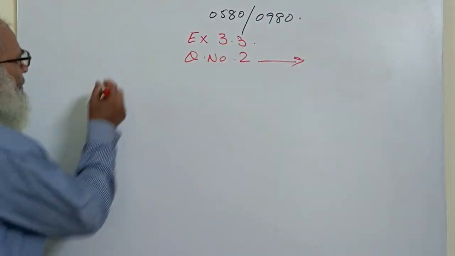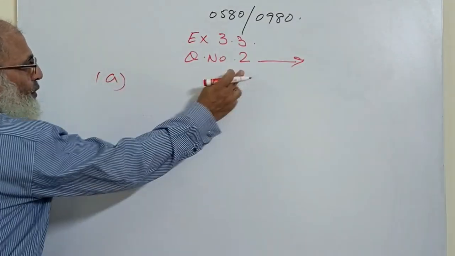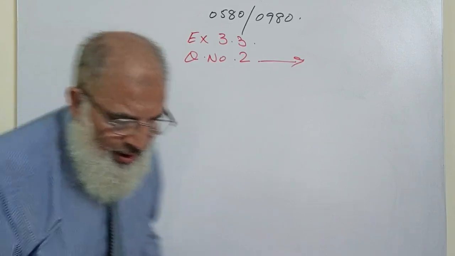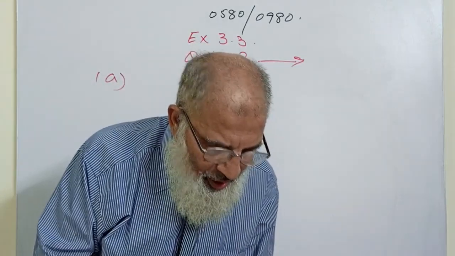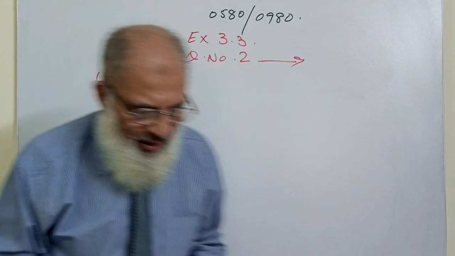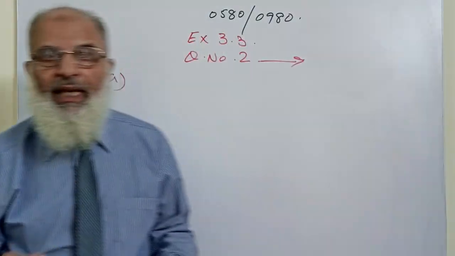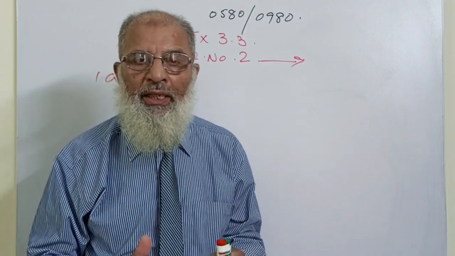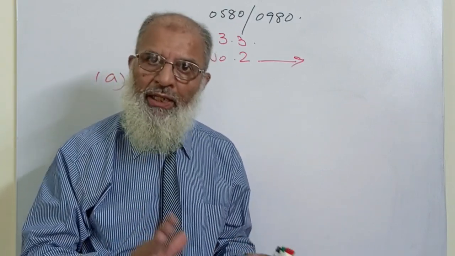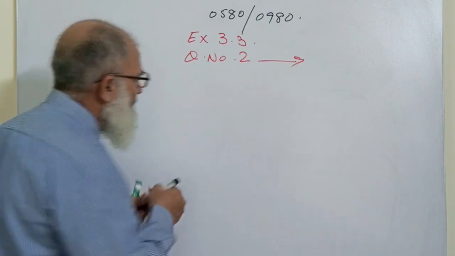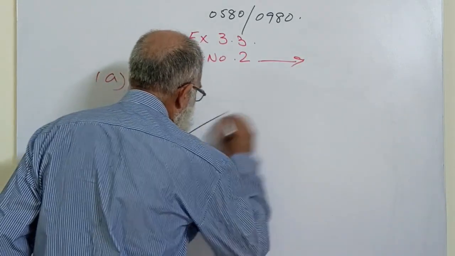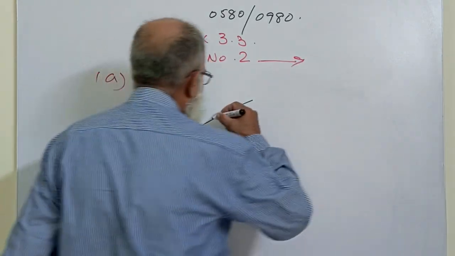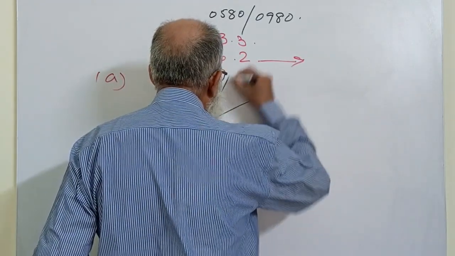Let's start from question number 2, part A. A diagram is given, and we are given one angle and one unknown angle. We have to find the unknown angle with the help of the known angle. I just draw the diagram first, freehand, so that we don't waste our time drawing it very accurately and precisely.